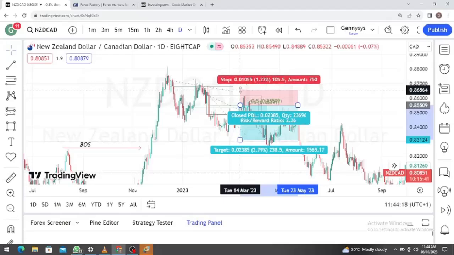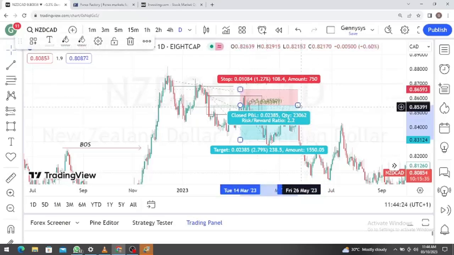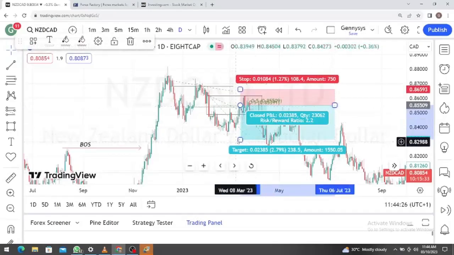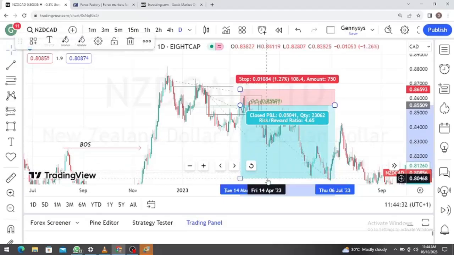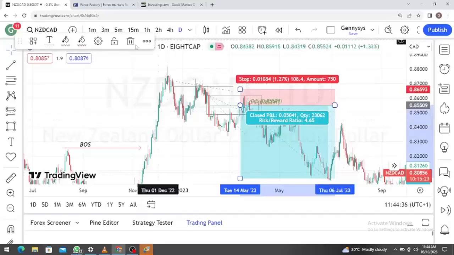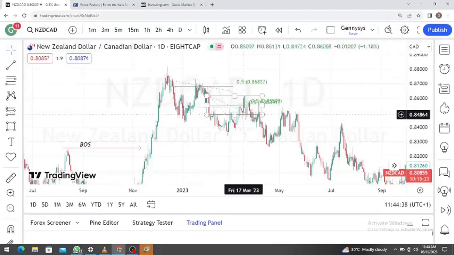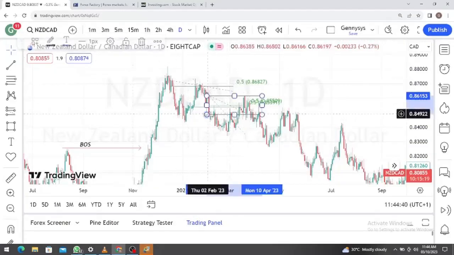The candle that has the imbalance, the top of the candle, the wick of the candle, that's where I'll place the stop loss. Okay, and then price went all the way, right? Very simple. You can even take your trades from the daily time frame, without any need to drop.